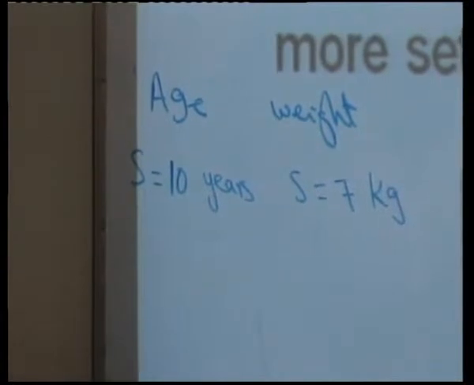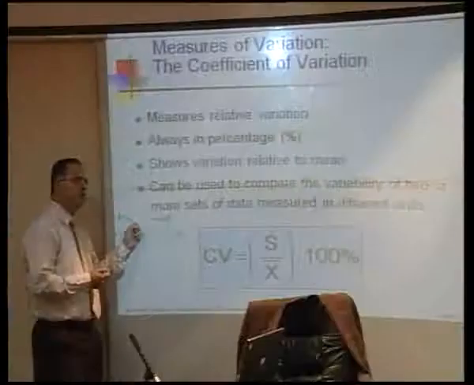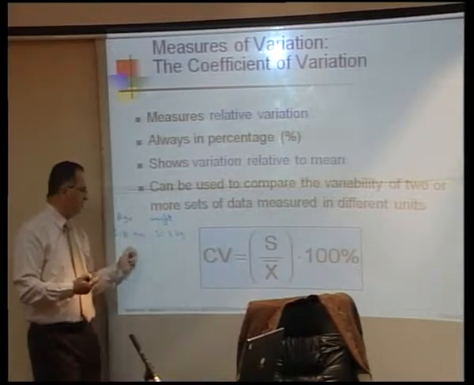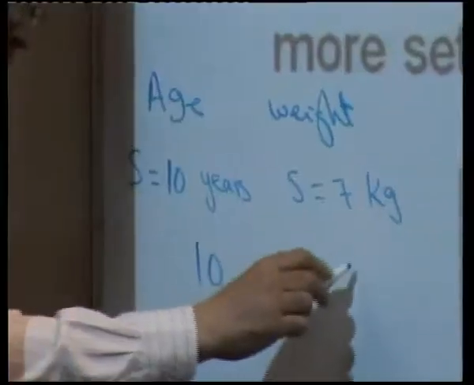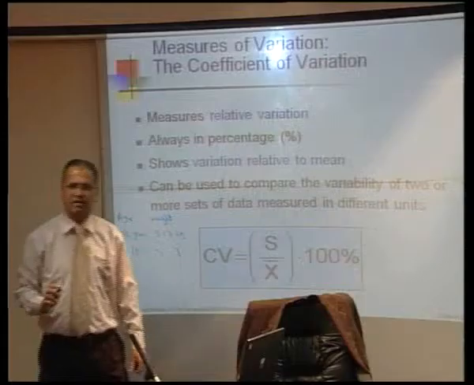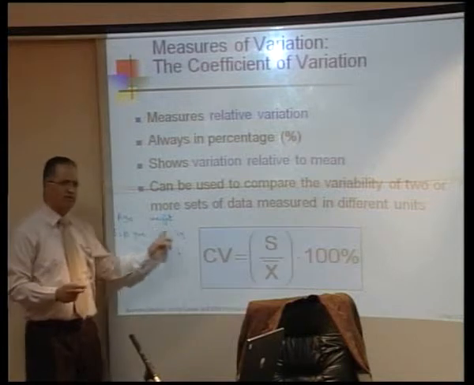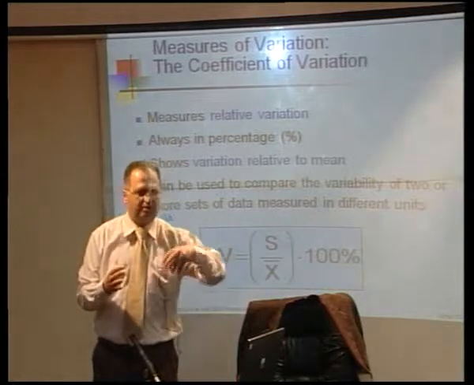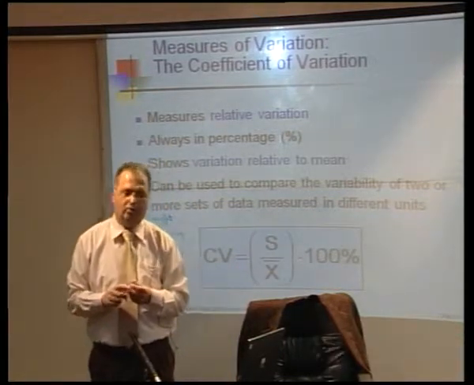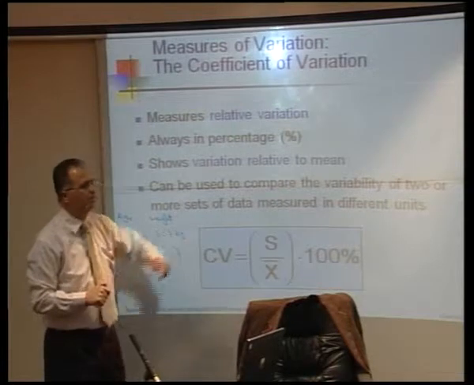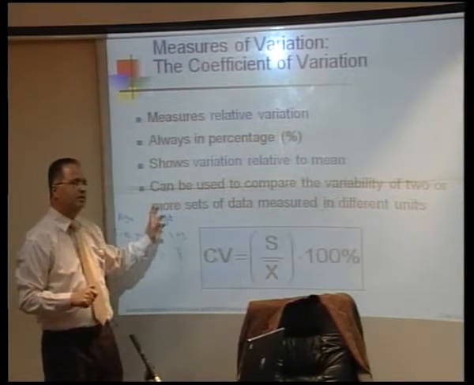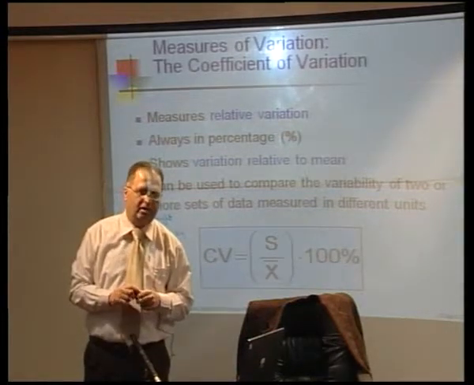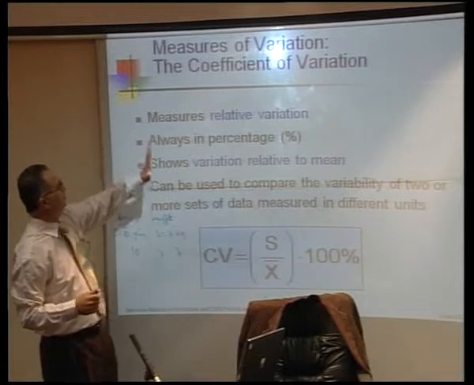Now, can you say that data for age is more spread than weight because 10 is greater than 7? You cannot say that because you have different units. So you cannot compare the spread of the data just based on the sample standard deviation. So we need a measure that computes this variability regardless of the original units. That measure is called the coefficient of variation.